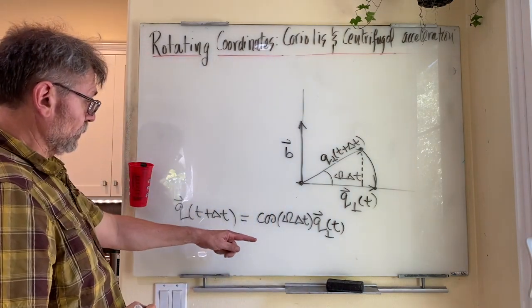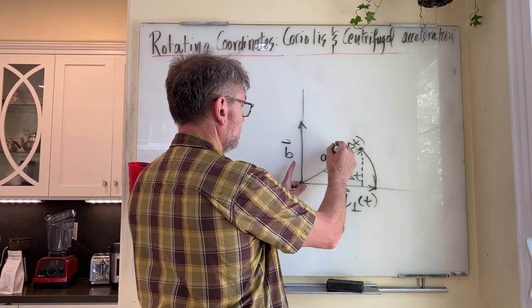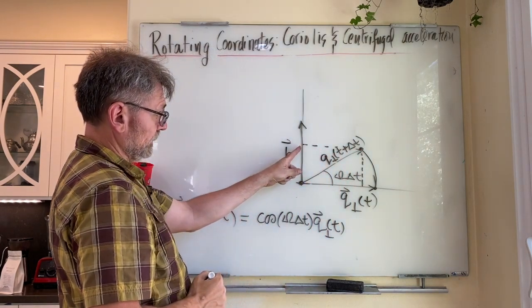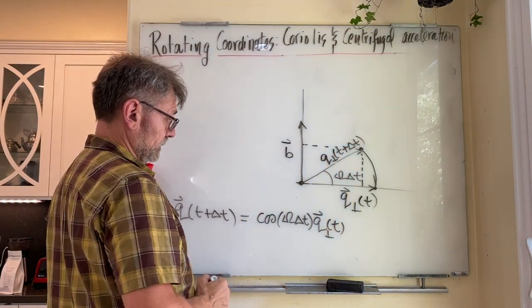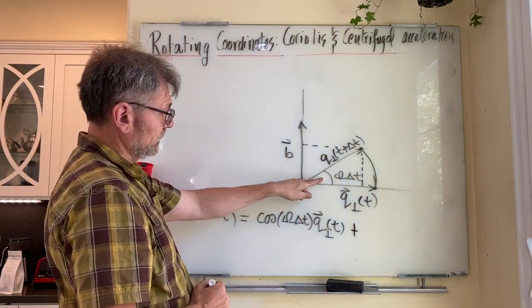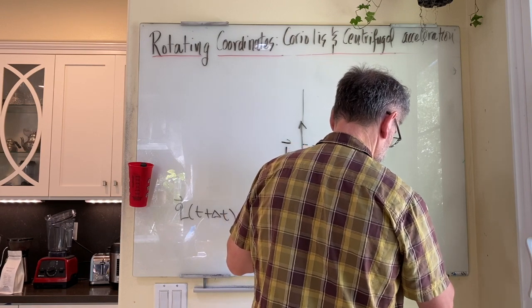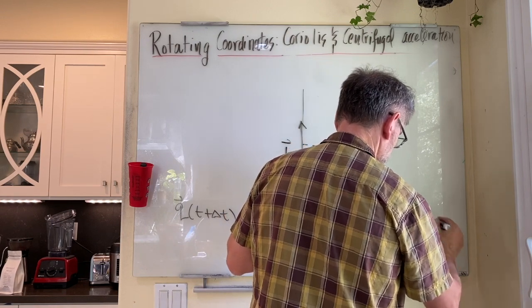And there will also be a part in this direction, right? That projects onto b, and that one will go like the sine of omega delta t. So plus sine of omega delta t times b.